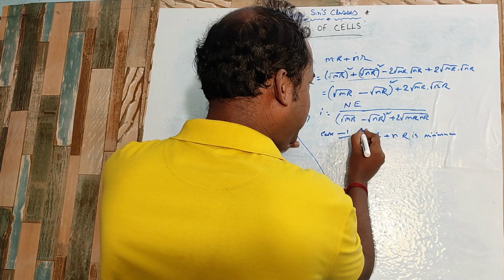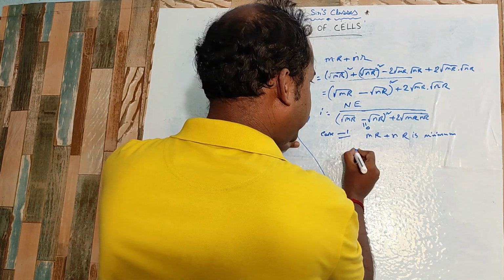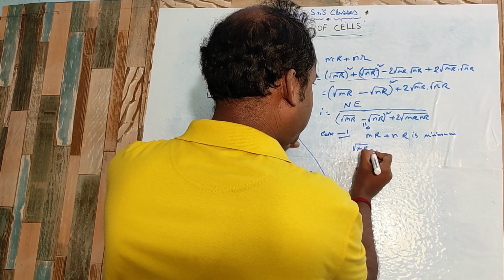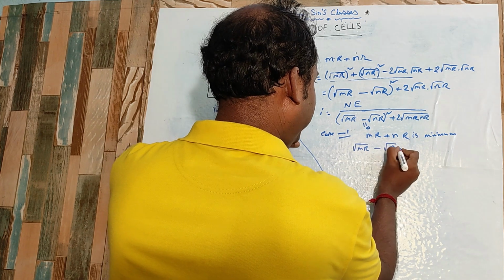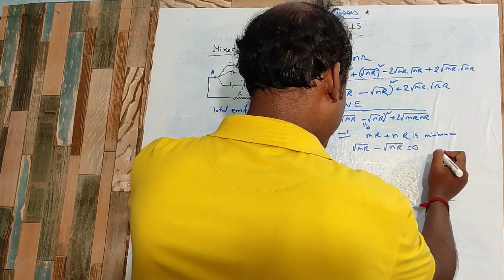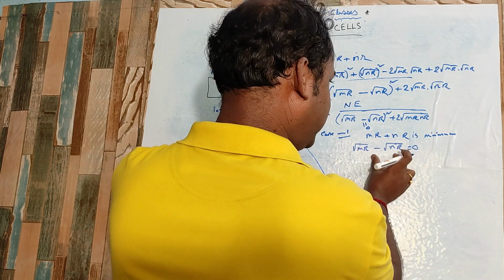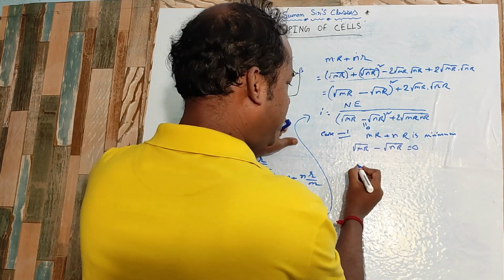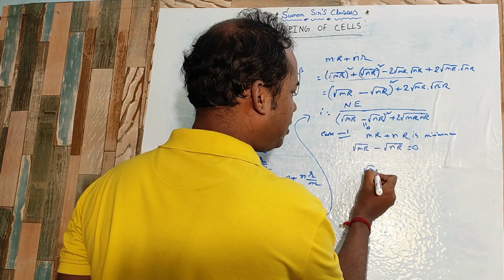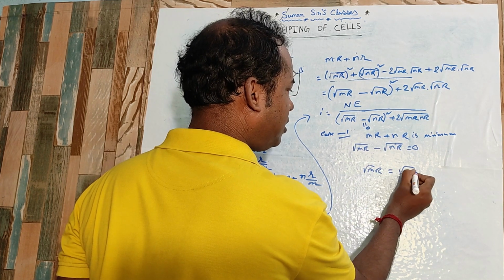When MR plus NR is minimum, this equals 0, that is root over of MR minus root over of NR equals 0. So it represents that root over of MR equals root over of NR.